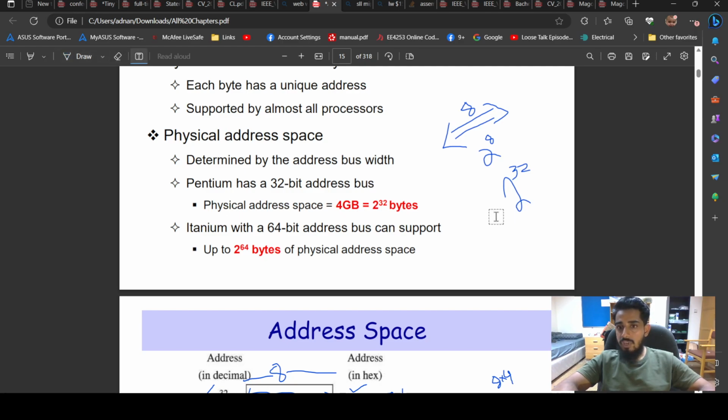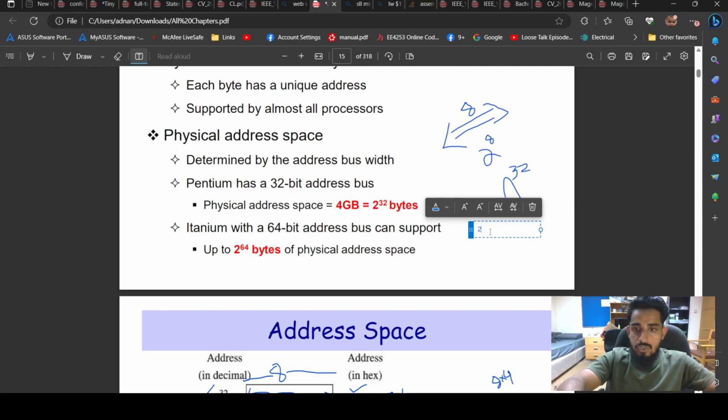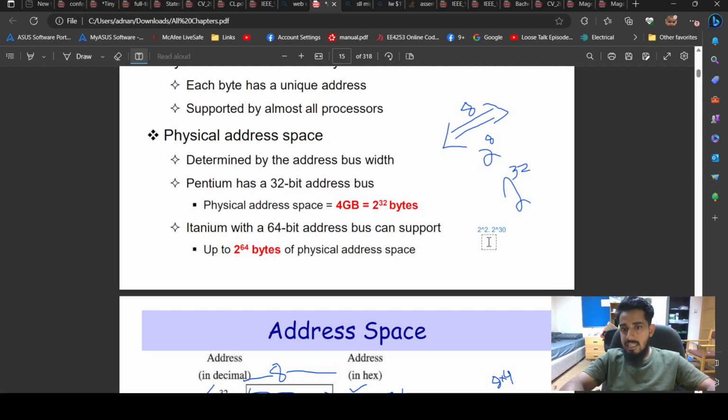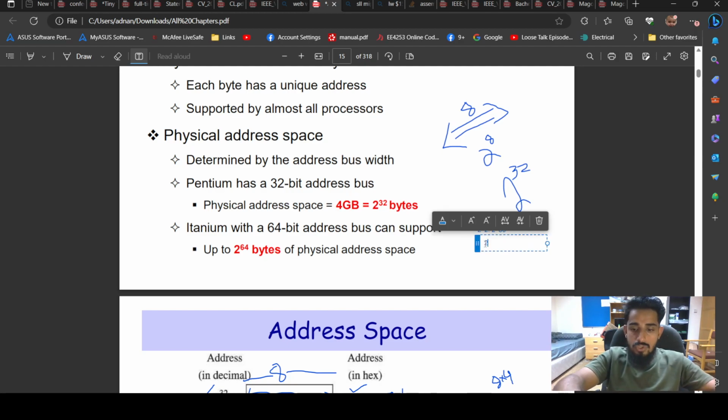How does it become 4 gigabytes? Because 2 raised to the power 32, I can write as 2 raised to the power 2 into 2 raised to the power 30. Can I write like this? The bases are the same, so the powers 2 and 30 add up to 32. And 2 raised to the power 30 is known as 1 gigabyte.